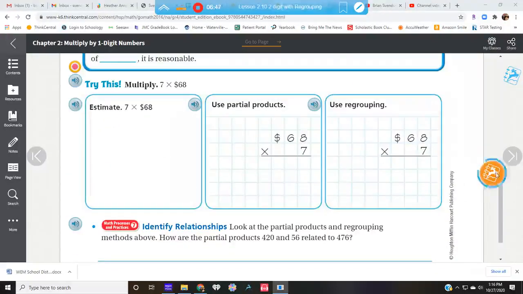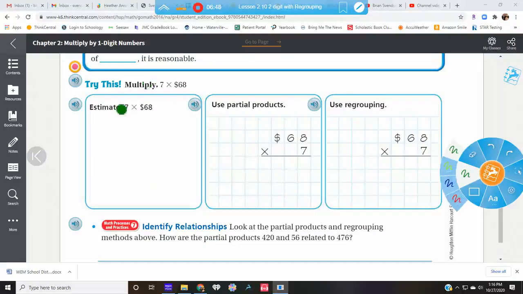Here we go. Estimate 7 times 76. To estimate that, I'm going to go 7 times 70, and I'm going to get 490. So that's what I'm shooting for, something close to 490. Alright, so here I'm going to take 7 times 8. Well, I know that 7 times 8 is 56.